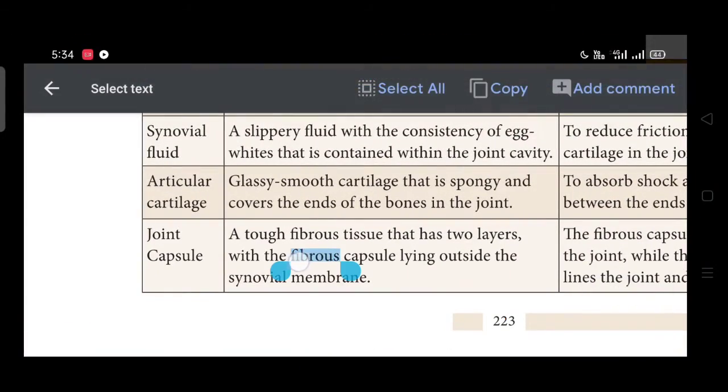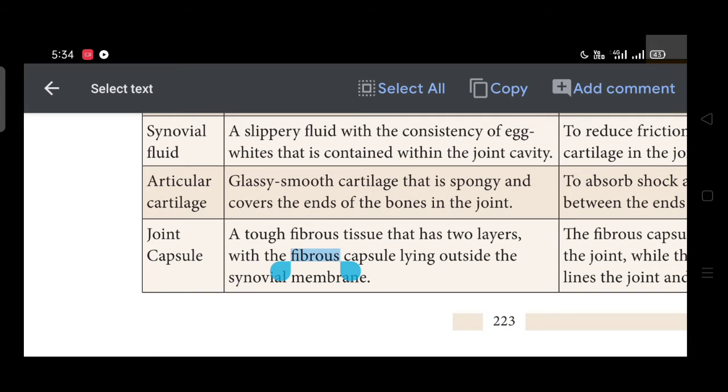Next, articular cartilage: a glassy smooth cartilage that is spongy and covers the ends of the bones in the joint. Cartilage is a type of connective tissue made up of cartilage cells.